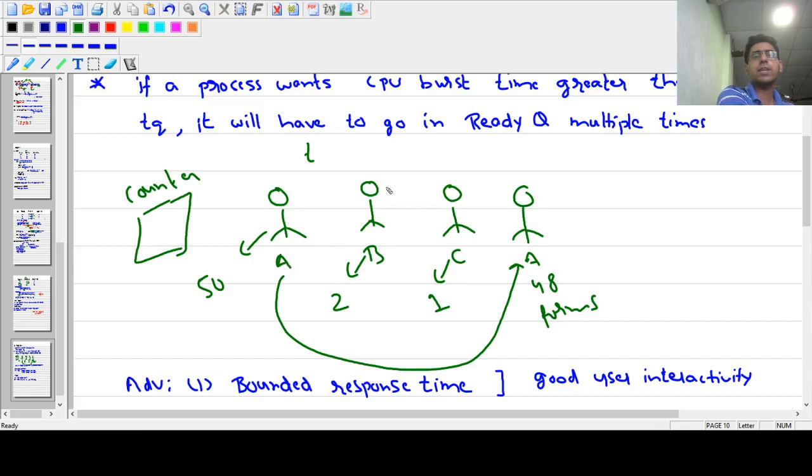So we have given a time quanta here of 2 forms, that is, each person can book tickets for only 2 forms. So what are the advantages of this particular algorithm?